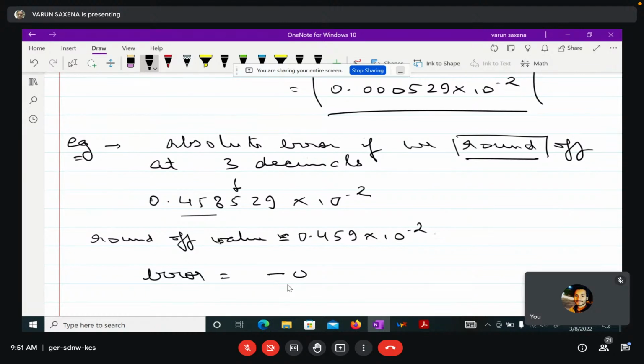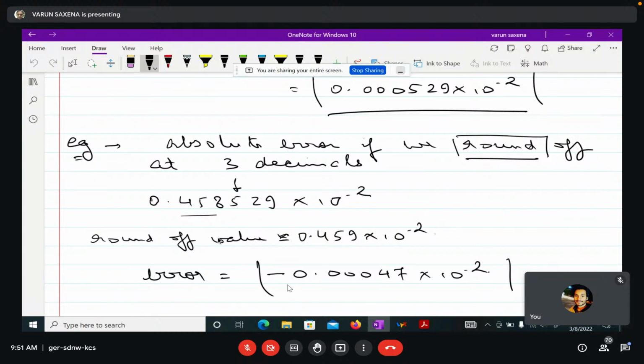So you'll have something like minus 0.000, this will be 4.7 something into 10 to the power of -2. If you take the absolute value, the minus sign will go. You can see that these two values are different. What I really want to stress is that the truncation error and the round-off error may not be the same.